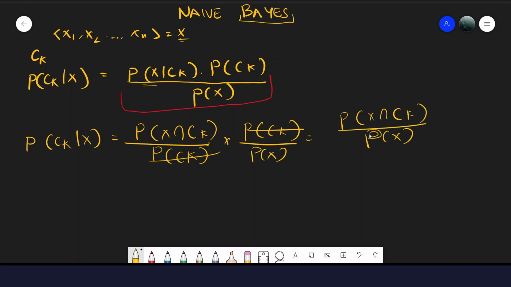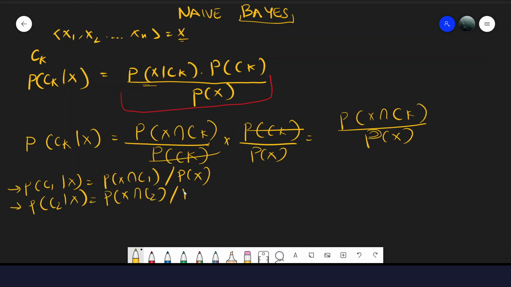Now if you look at this, regardless of what class I'm trying to find for my features, P of c1 given x will be equal to P of x and c1 whole upon P of x. If it's some class C2, then P of C2 given x equals P of x and C2 whole upon P of x. And similarly, P of CK given x will be equal to P of x and CK upon P of x.